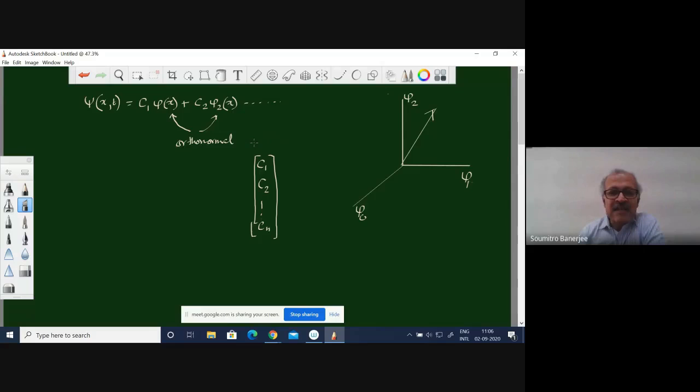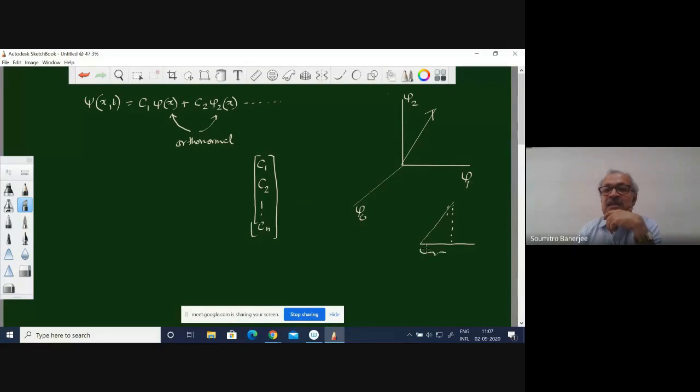And that was in the last class. You might have noticed that initially I was telling that functions are similar to vectors, in the sense that if you have a vector, and another vector, you can always obtain the projection like this.